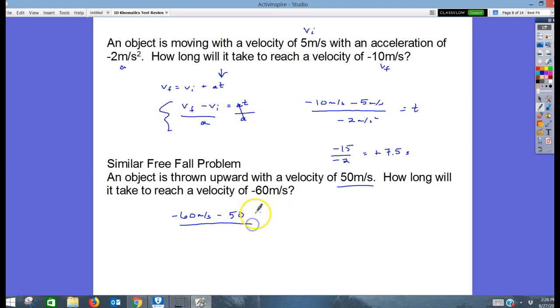The acceleration, I'm going to cheat here just a little bit. g is -9.8, but that's really close to -10, so we can do some estimation with 10. So instead of pulling out my calculator, which I did not bring here with me, I'm just going to say g is about -10. So that's -110, right, divided by -10, which is 11 seconds.